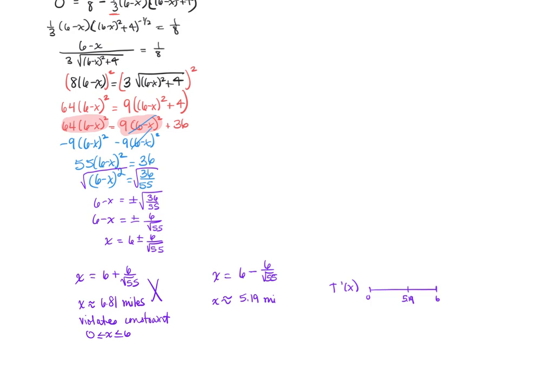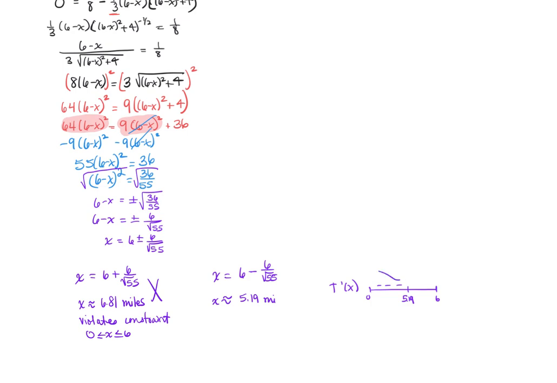We need to check a couple of numbers in our expression for t prime, which is that crazy 1/8 minus 1/3 6 minus x times (6 minus x) quantity squared plus 4, all to the negative 1/2. So when we do that and we plug in a number like 1, we certainly get a negative value.